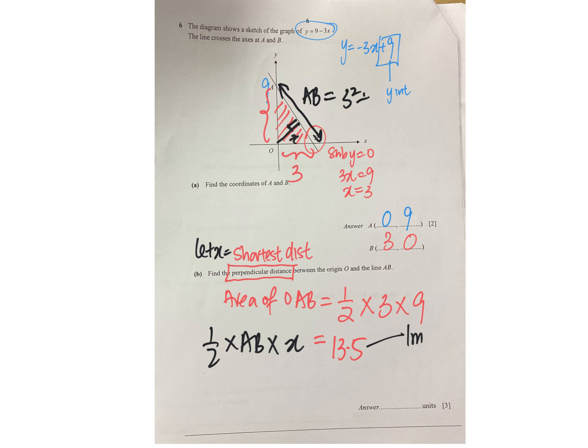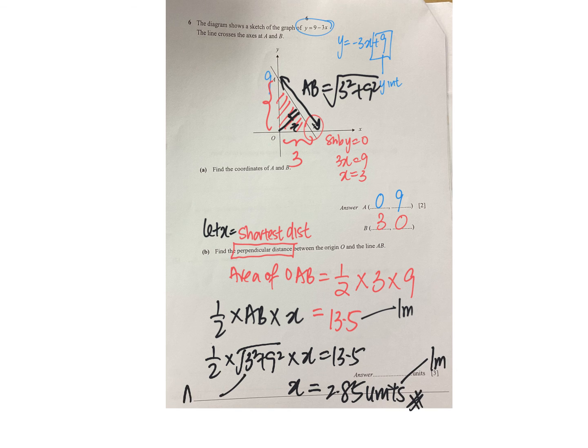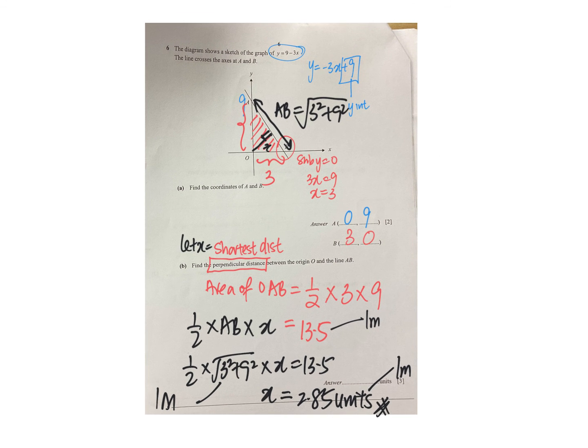So square root of 3 squared plus 9 squared. So you will find that x is just 2.85. Okay, so answer 1 mark. Length AB 1 mark. Okay, almost there. Last question.